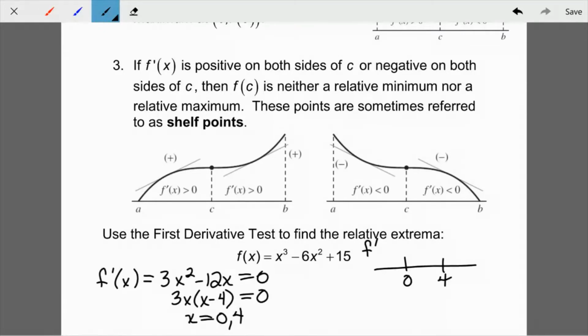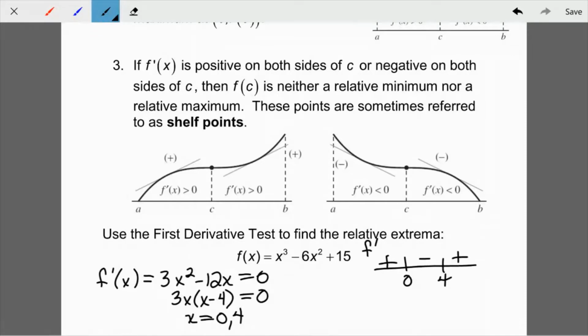So for the interval from 0 to 4, I'm just going to use 1 because that's an easy number to test. And I would plug 1 into that first derivative. Obviously, I'm going to get a negative value. So that means in this middle interval, I'm going to have a negative, which means the function's decreasing. And I had a multiplicity of 1 for each one of these critical points, so I know there's going to be a sign change there.